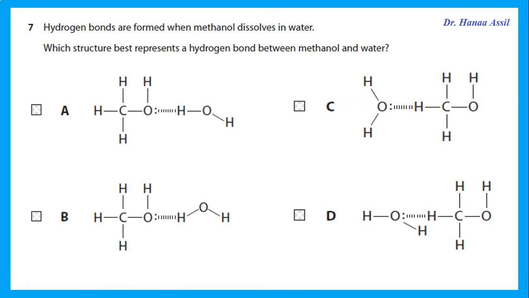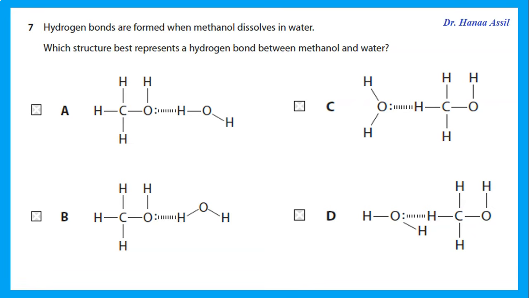Hydrogen bonds are formed when methanol dissolves in water. Which structure best represents a hydrogen bond between methanol and water? First of all, you should realize that the hydrogen bond should be between an electronegative element and hydrogen and an electronegative element of the next molecule. So if we look at that, C and D are wrong. We don't have the carbon attached to hydrogen forming hydrogen bond.